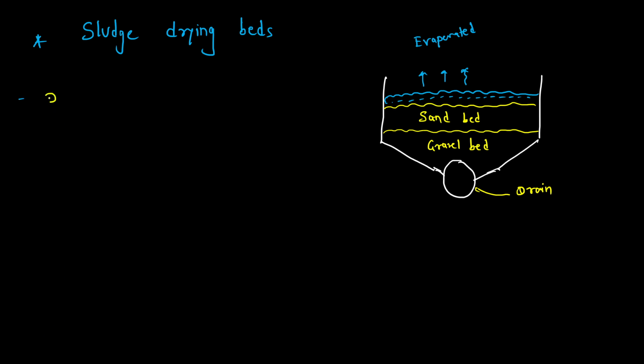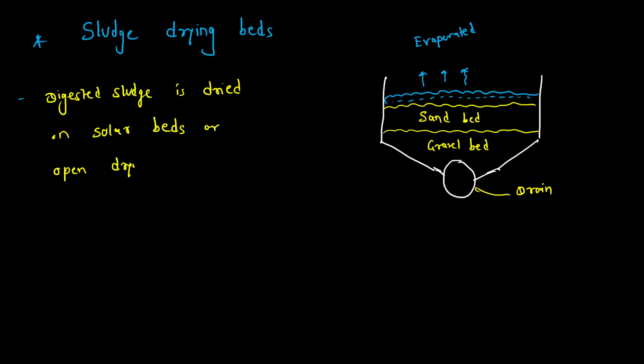Write down the first points so it will be more clear. Digested sludge is dried on solar beds, or we can say open drying beds, to remove remaining moisture content.